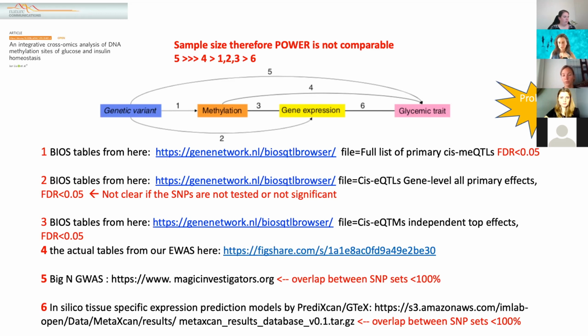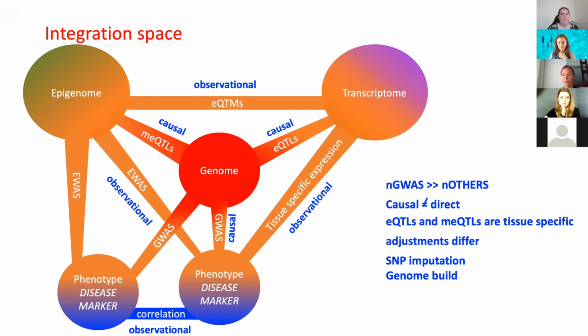So coming back to this integration place, these are the parts that I think one needs to be careful about. You always have an unfair comparison because of unfair power across the studies, and causal links are not direct. This is really something we need to keep in mind, because there may always be mediation which we may not be testing.